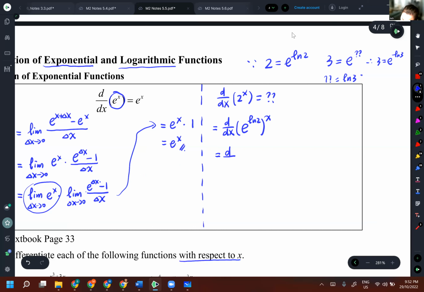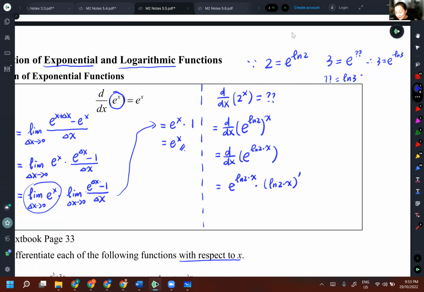So it's d/dx of e to the power log 2 times x. Therefore, it's e to the power log 2 times x, times the derivative of log 2 times x. Chain rule. Now it's e to the power u, du/dx.